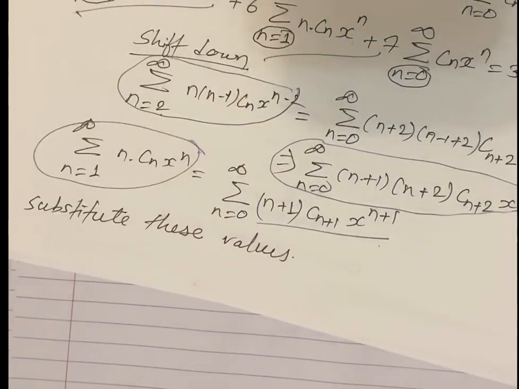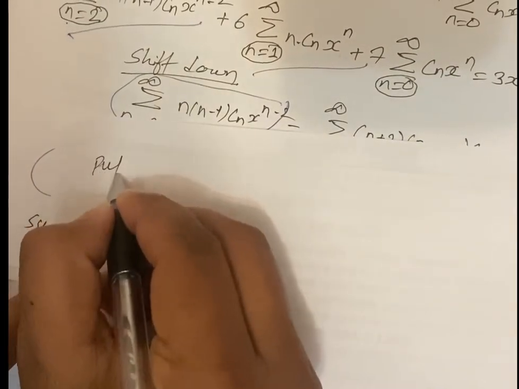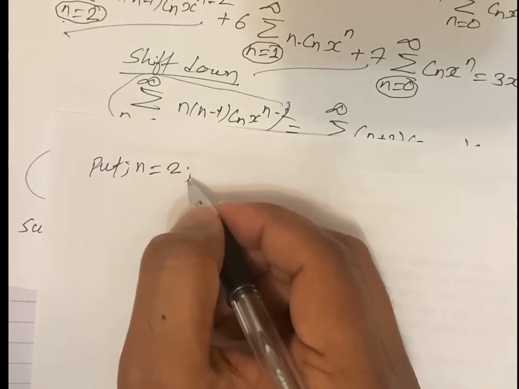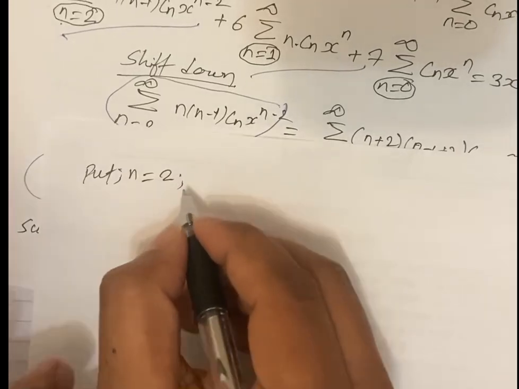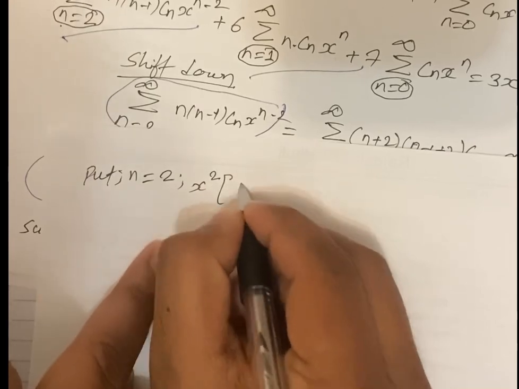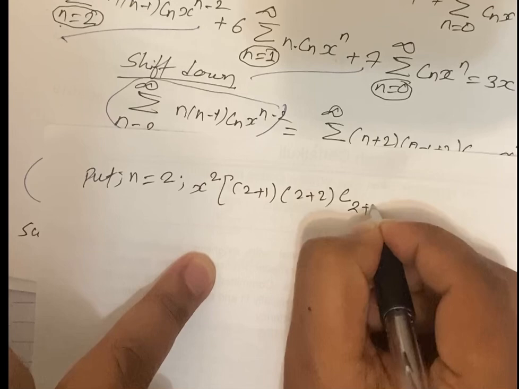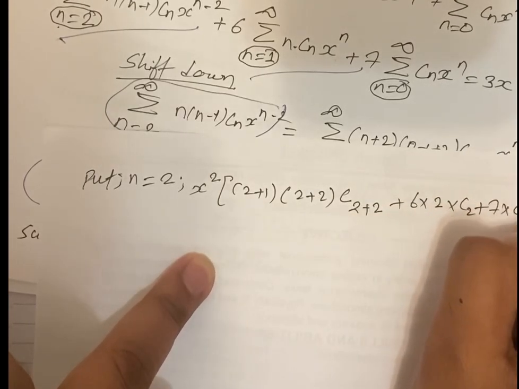Now again what we will do, we will put n is equal to 2. Just try to find c4. So put n is equal to 2. When we are putting this value, what we will get is x square, 2 plus 1, 2 plus 2, c2 plus 2 plus 6 into 2 into c2 plus 7 into c2.